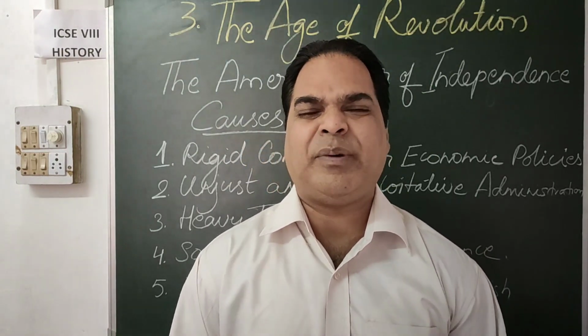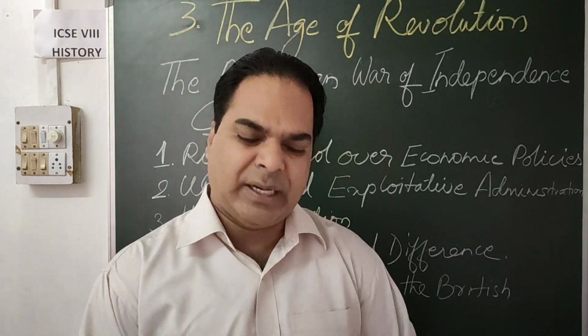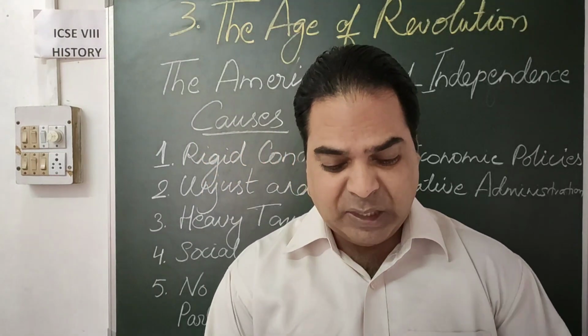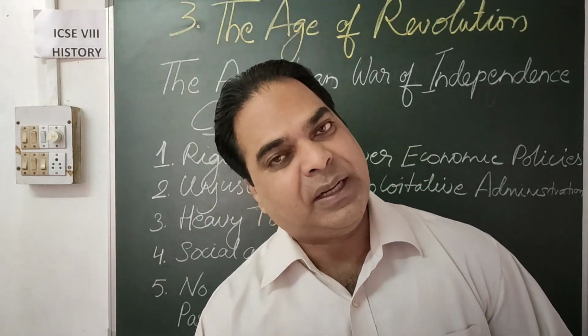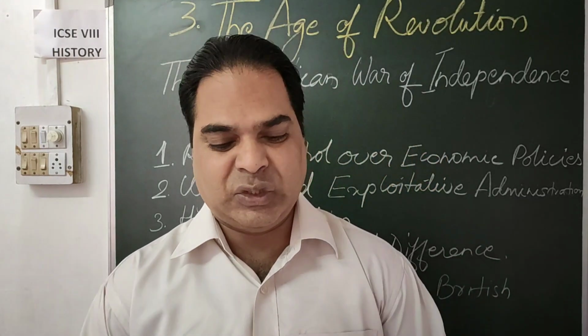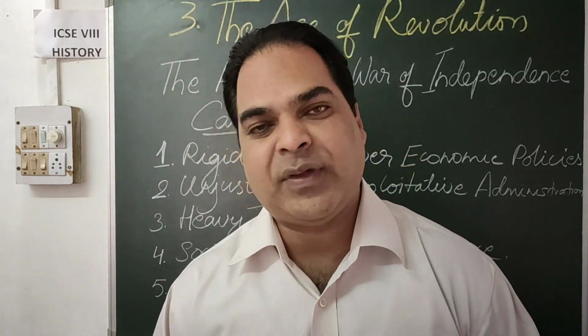Why should I obey the British law when our representation is not there in the British Parliament? That means Britain, as the mother country, expected obedience from the people of the 13 colonies.